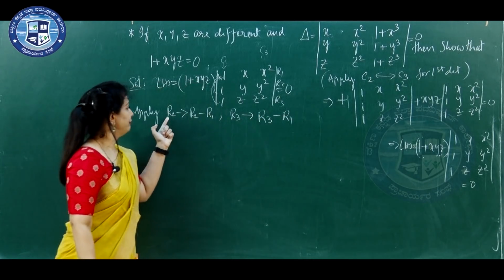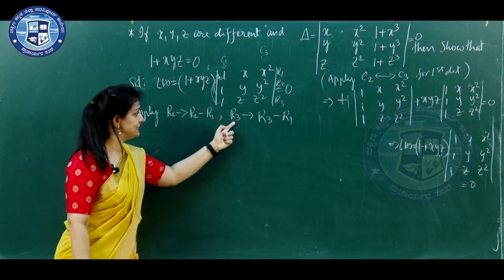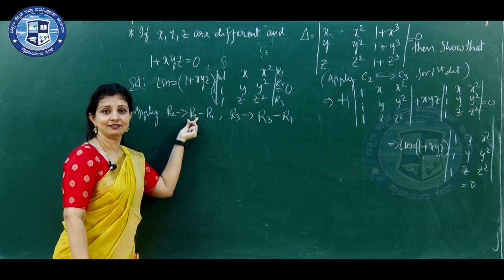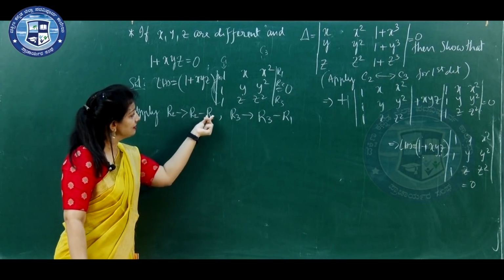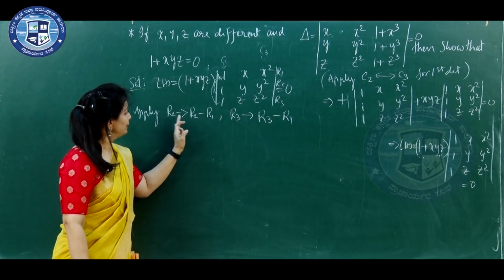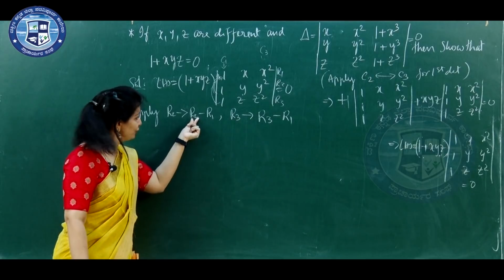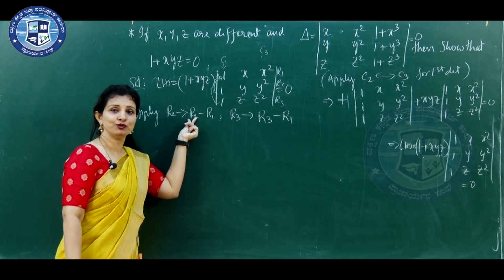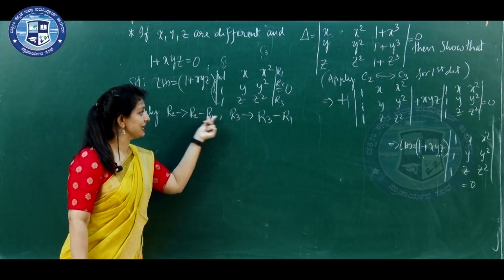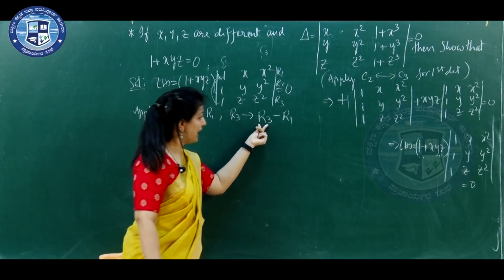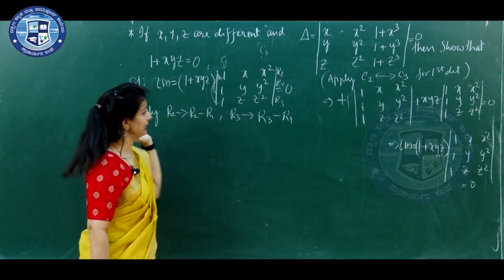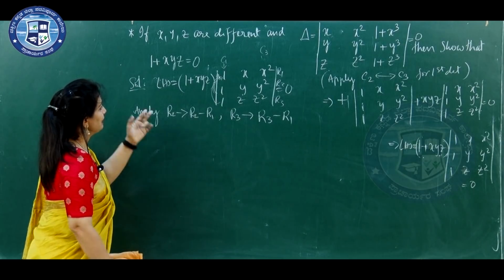Observe here, whichever row or column you are changing, the same row should be written first, then the next one. So R2 implies R2 first, minus R1, and R3 implies R3 first, minus R1. Now apply it.